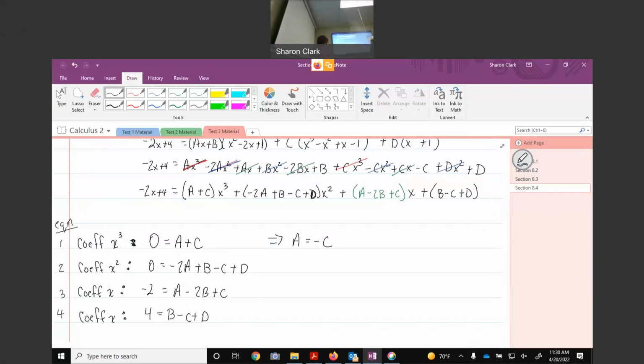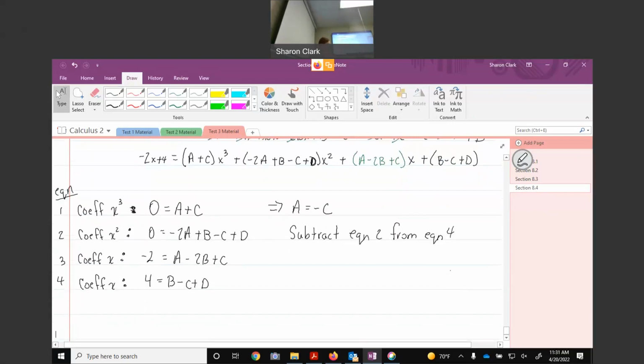Look at 2 and 4. We're going to subtract equation 2 from equation 4 because they have the most letters in them.